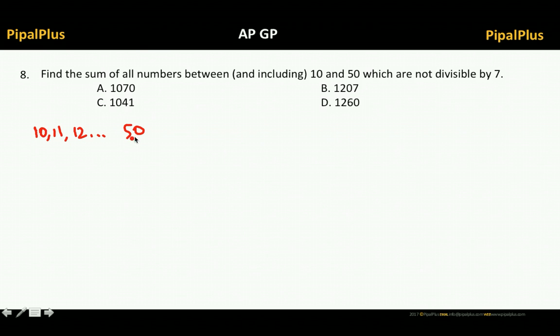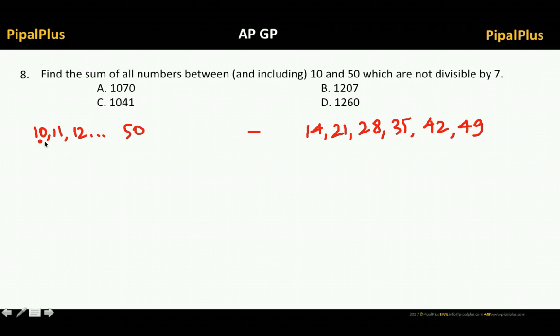From this sum, I subtract the sum of the other arithmetic progression, which is all the multiples of 7, which is 14, 21, 28, 35, 42, and 49, right?